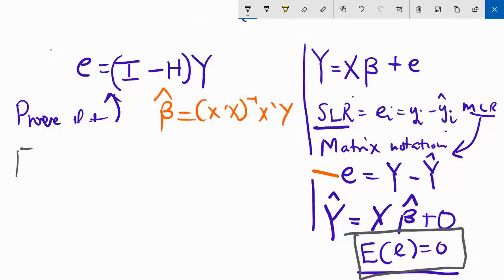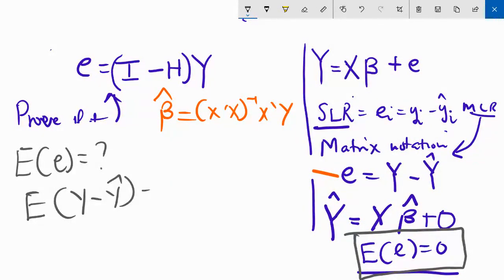Let's prove it. Expected value of E is equal to what? Let's check it. E is equal to Y minus Y hat, isn't it? This is the easiest. Now, you can say the expected value of Y minus the expected value of Y hat.